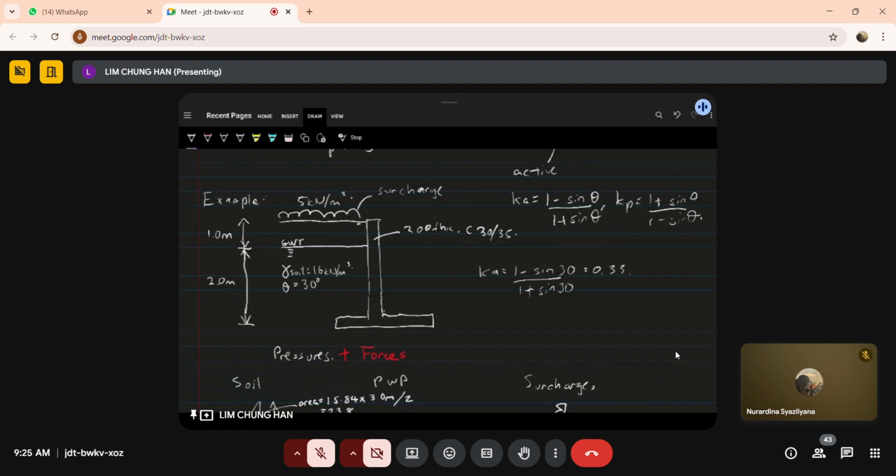Let's say on Thursday I call group 5 to present. All the members have to be there, but you choose one person to represent you. Even though the group leader is presenting, everyone else has to be there.